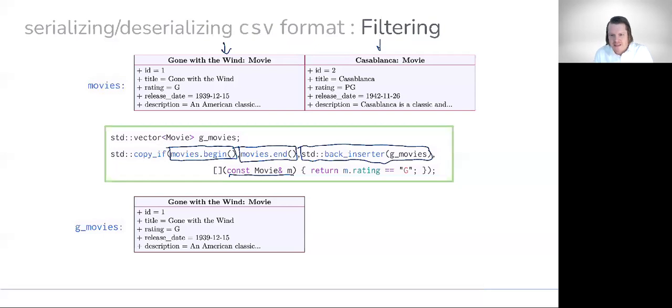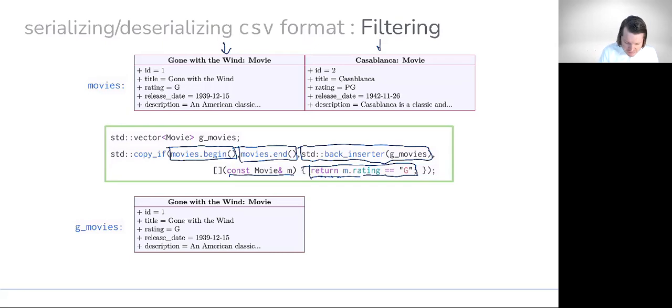But you can kind of read this as: for each movie in the collection, if that movie's rating is G, I'm going to push that movie back to my G movies vector. At the end of this statement, I have G movies, which is going to be a copy of all elements in movies that meet my criteria, that their rating is G.